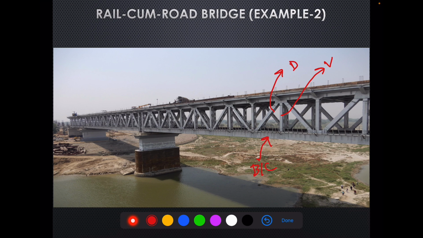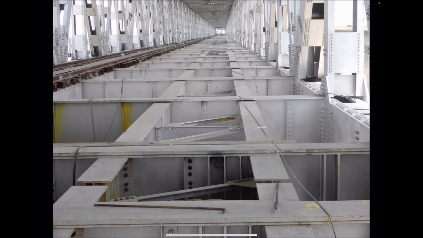As you can see, construction equipment is working on that road deck. In the top portion we have the road deck. At the lower level, we have railway tracks. And these are the piers. This is the pier cap, and this is the pedestal and the bearing, and this is how the general arrangement of this bridge looks.